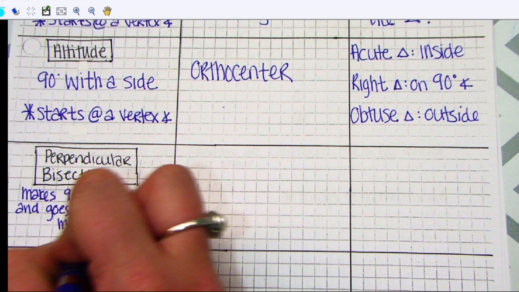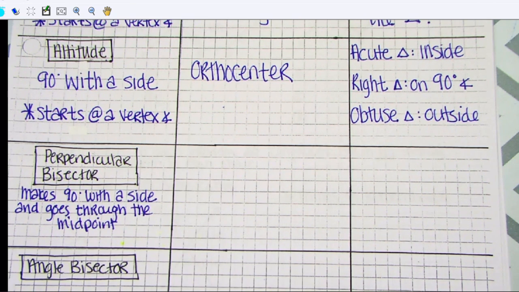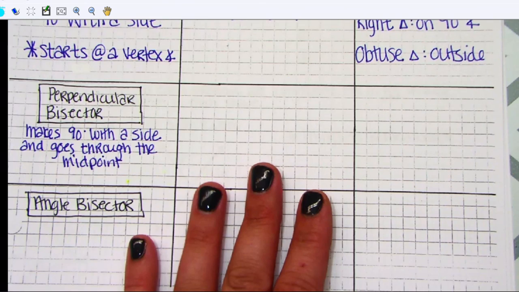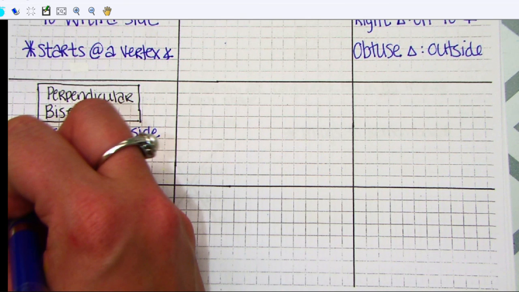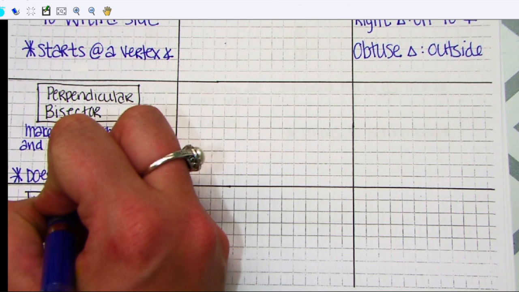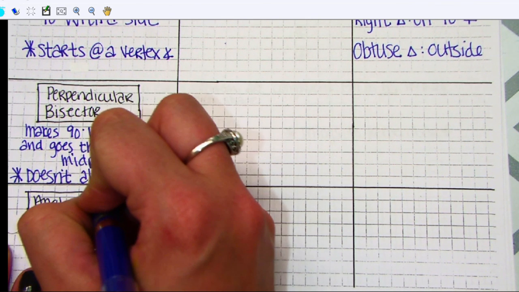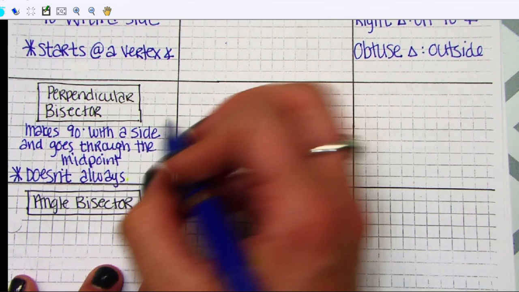The perpendicular bisector does not have to start at a vertex angle. This one doesn't always start at a vertex angle.